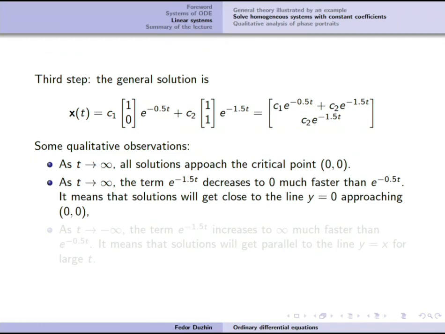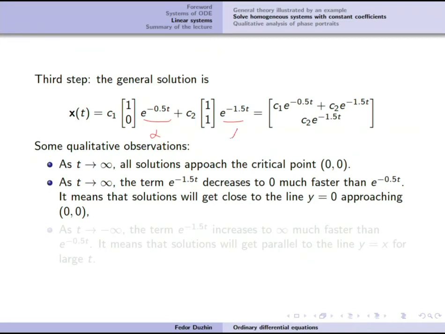Another thing: as t goes to infinity, both of these terms approach 0. But say the first of them is, for the sake of presentation, some alpha. This is going to be a very small number. But the other one, if this is e to the power minus 0.5, then in order to get e to the power minus 1.5, you need to cube it.